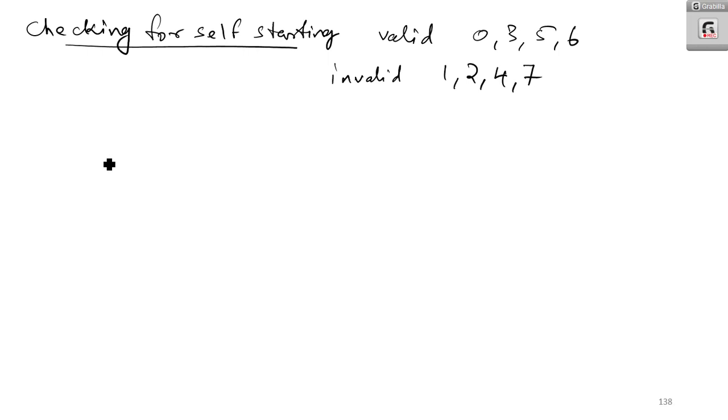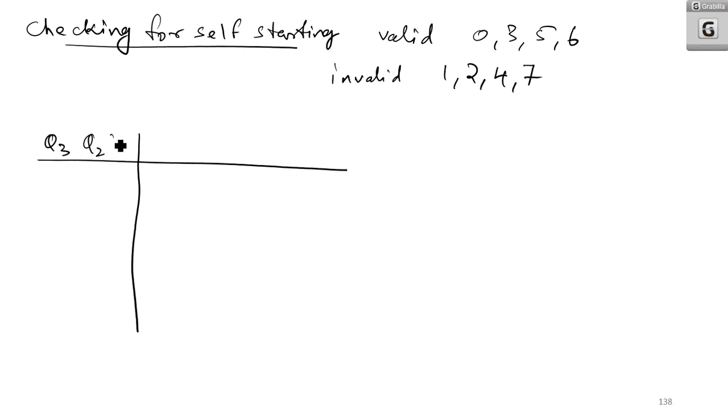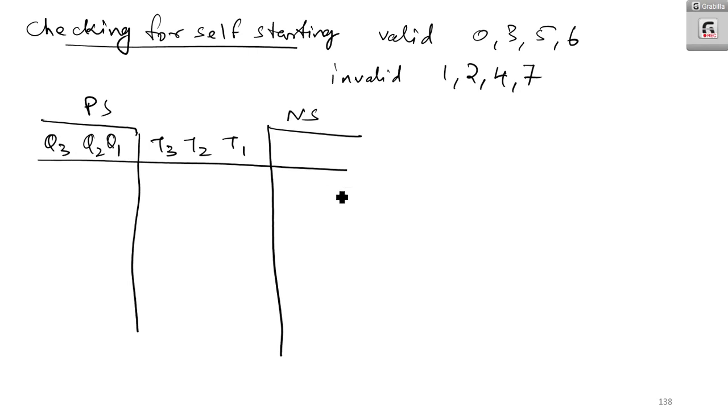Now, if it encounters an invalid state, what happens? That is the question. So I am writing the invalid states here, that is Q3, Q2, Q1. Then what happens to T3, T2 and T1? So this is the present state, this is T3, T2 and T1. What will be the next state? Next state is Q3, Q2, Q1.